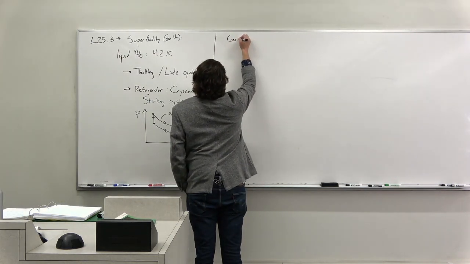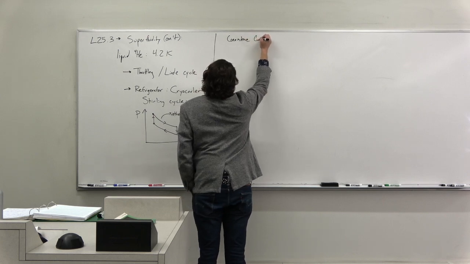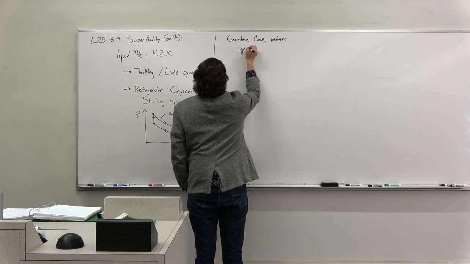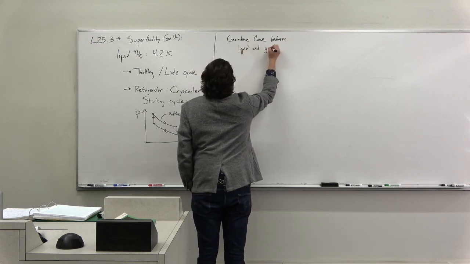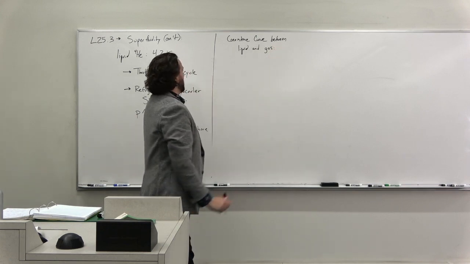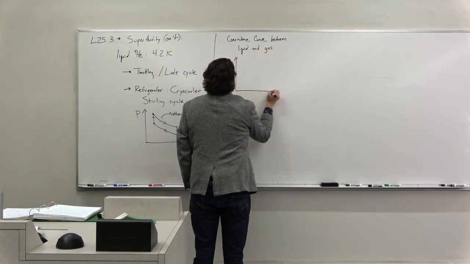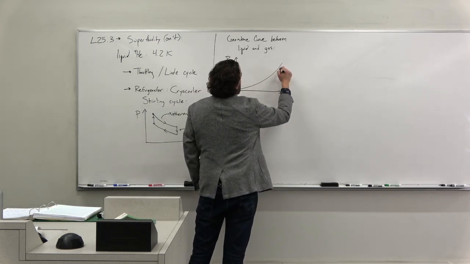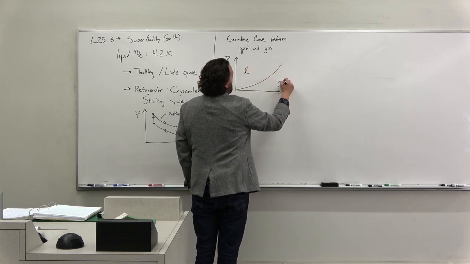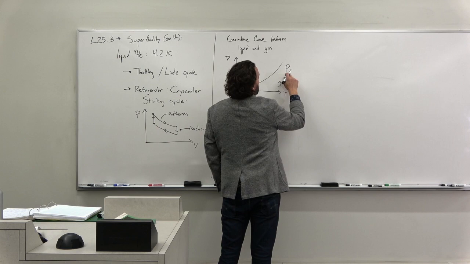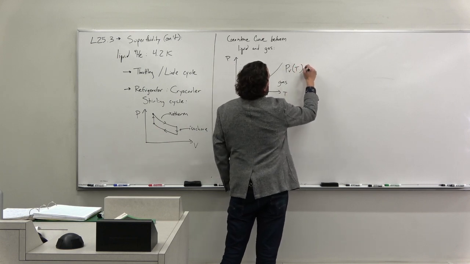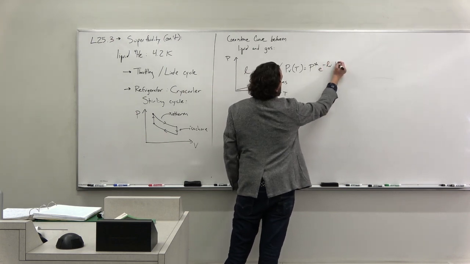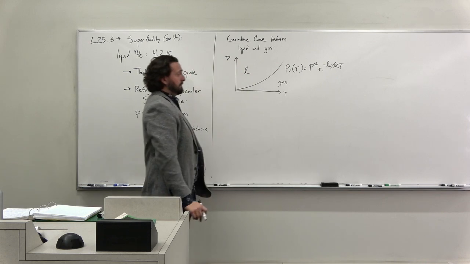We talked about the coexistence curve between a liquid and a gas. So remember, that was a pressure-temperature phase diagram. And we had the liquid and the gas. And we had that the pressure of vaporization as a function of temperature was exponential, minus the latent heat of vaporization over RT.